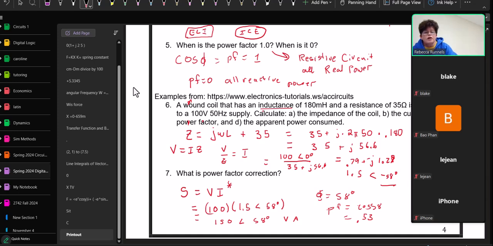There are a couple of ways we can say that it's lagging. First of all, we know it's lagging because it's an inductor. We also know it's lagging because the angle of our current is less than the angle of our voltage.